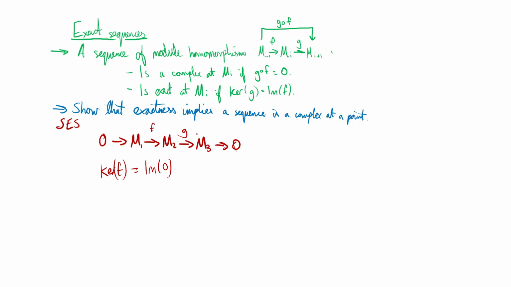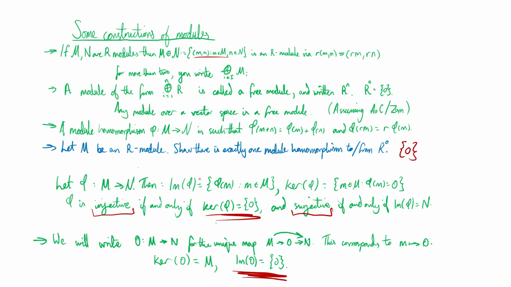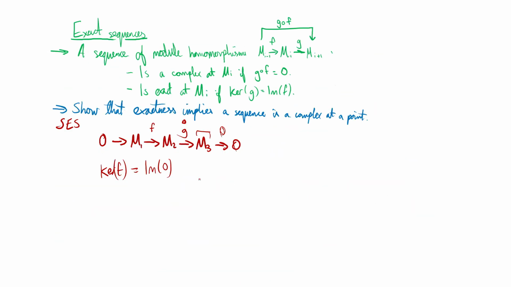Similarly, exactness here means that the kernel of 0 is the image of G. The kernel of 0 is M3, so the image of G is M3.